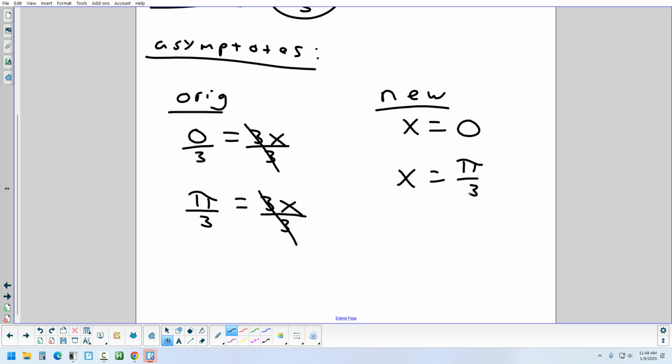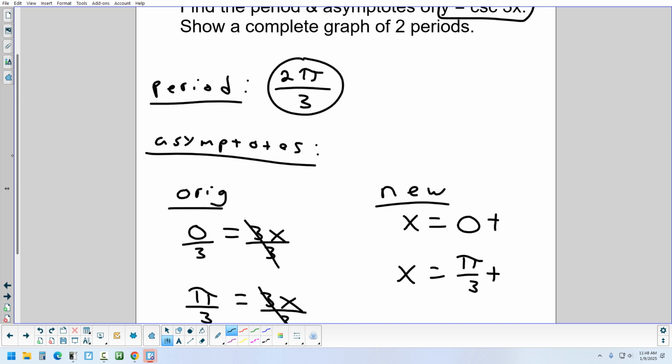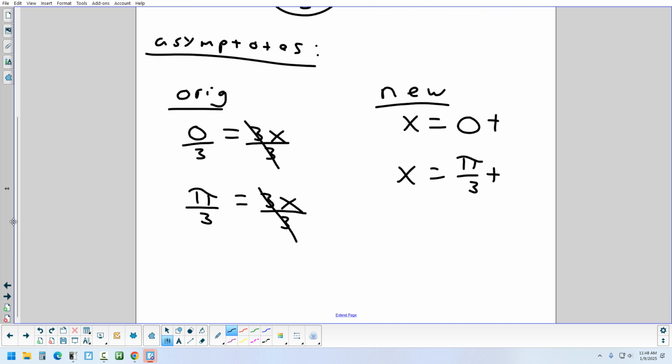Now, if that's all you write, all you've done is tell me 2 asymptotes. I want to know every one of them. So in general, how often do each of these asymptotes repeat? Every cycle. So we need to put plus the cycle times n. What is the cycle for this graph? 2 pi over 3.